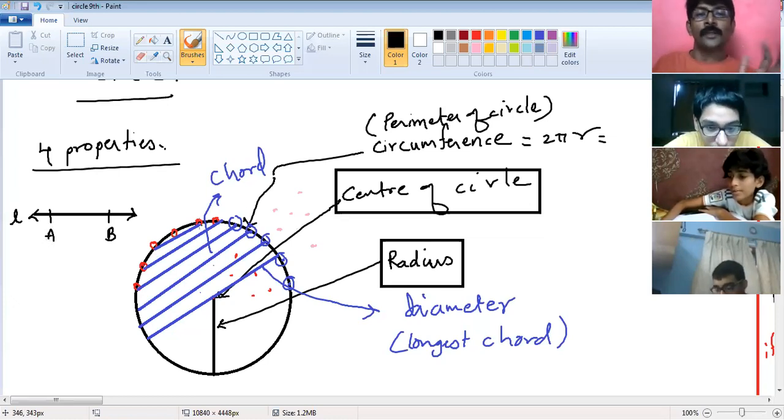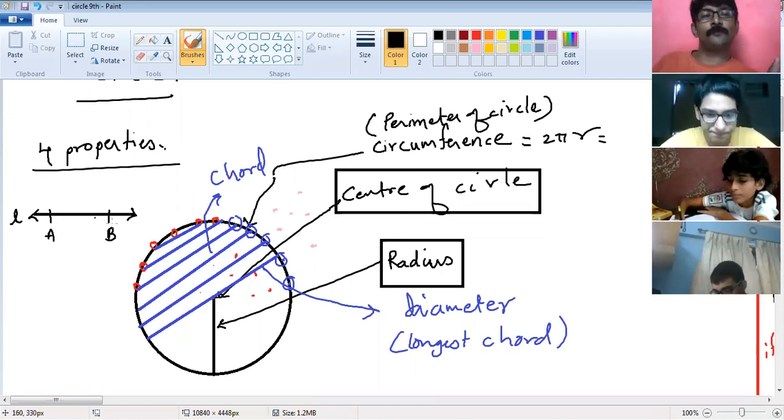Circle is all the points which are at a fixed distance from the fixed point. That circular shape is called a circle, and that fixed point is called the center of the circle. Then I explained a line: a line is infinite on both sides. And a line segment is the fixed distance between two points.